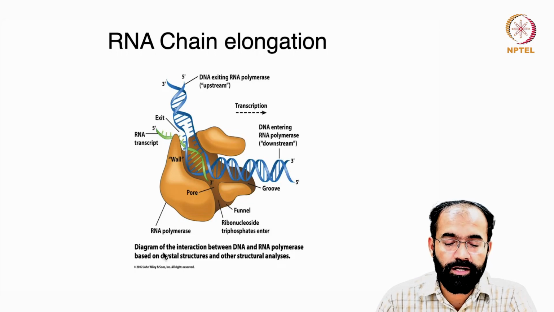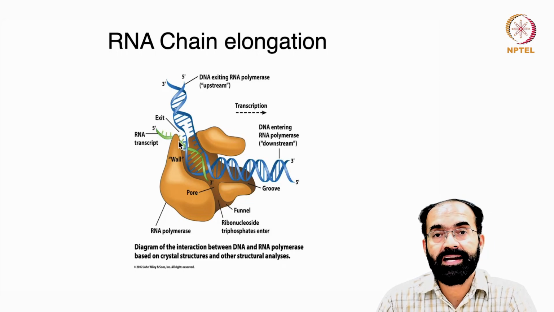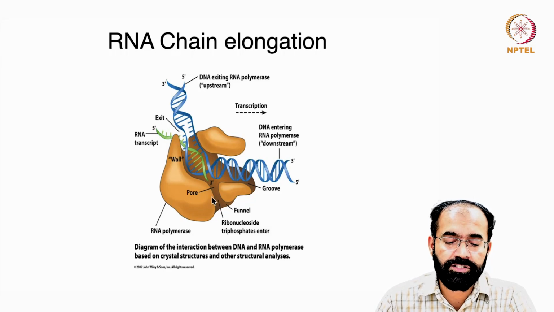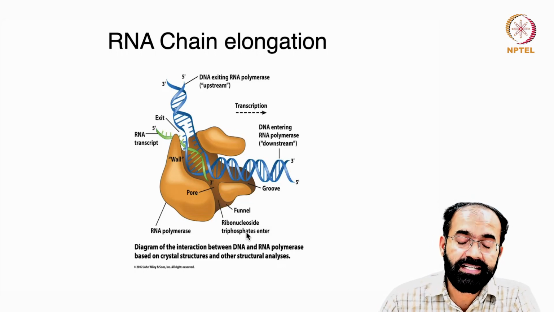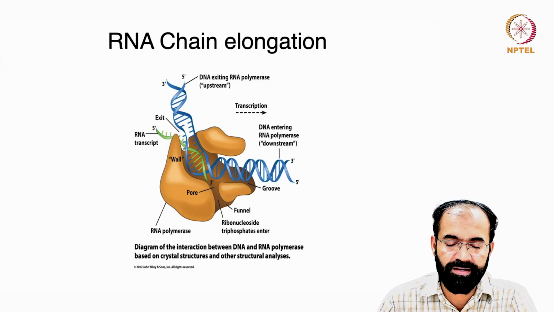In the middle it opens up, the transcription bubble happens, and you can see the RNA polymerase has a lumen, a loop region through which the growing RNA transcript comes out, which you can see in green color. The DNA strand is shown in blue color, and there is a specific opening through which the ribonucleoside triphosphates enter, that is the raw material for the polymerization event.